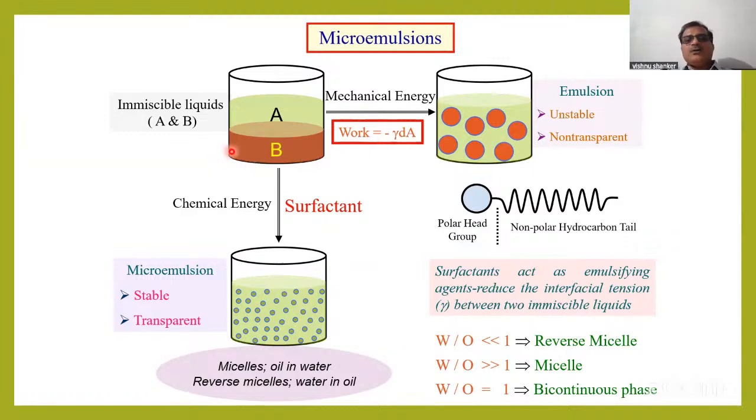What you can do is make a microemulsion by making smaller droplets and dispersing them into the other liquid, and those smaller droplets get stabilized by using a surfactant. The surfactant is made up of a polar head group and a non-polar tail part.